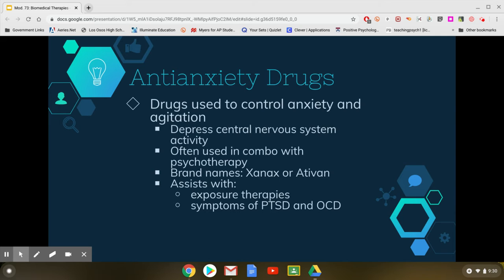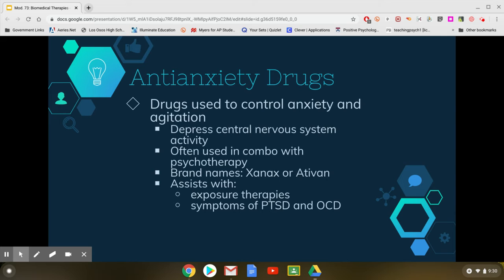and they aren't necessarily the drug of choice to treat those anxiety disorders for the long term. So, for example, if someone has, say, generalized anxiety disorder, we wouldn't use Xanax as an everyday type medication. It's more for when the person's anxiety becomes so overwhelming, then they might take a Xanax or an Ativan.